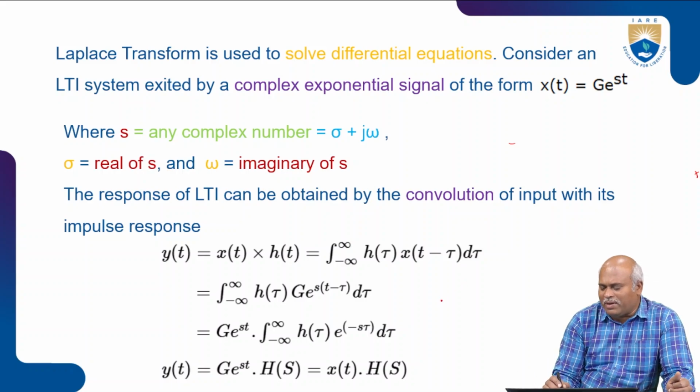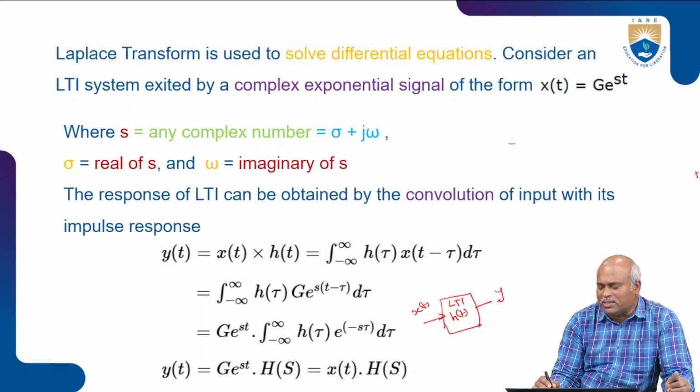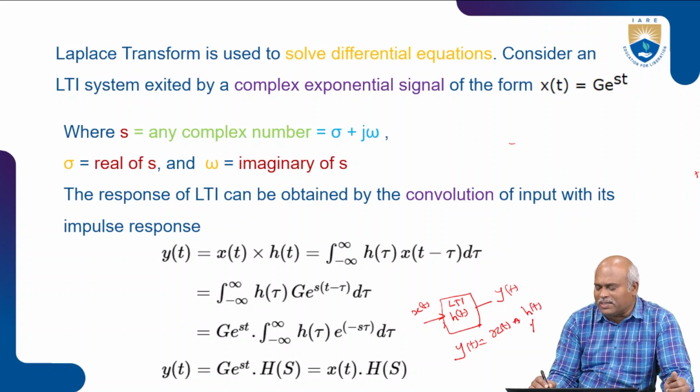For this LTI system, the response is h of t. The input is x of t and the output is y of t. The y of t is equal to the convolution of the input with the impulse function h of t. This impulse function is called the system function, or impulse response.